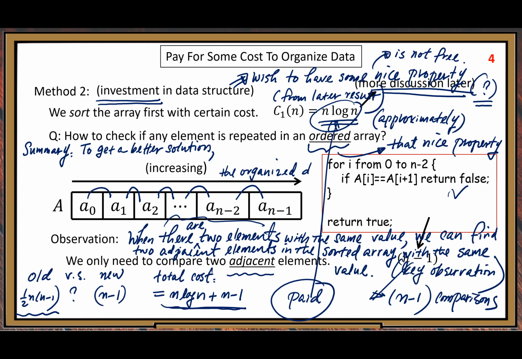So here is the summary: to get a better solution, what we did was change the global comparison to local comparisons.